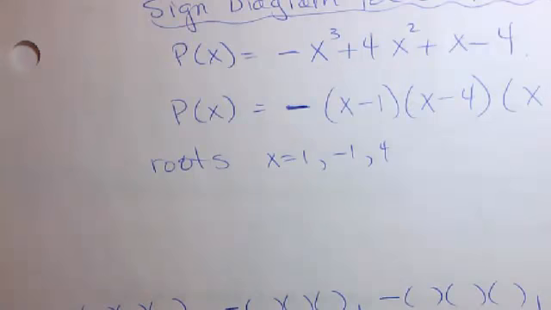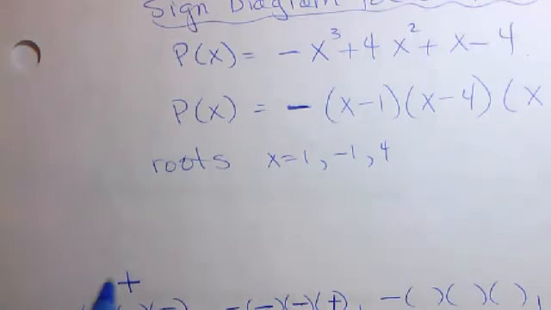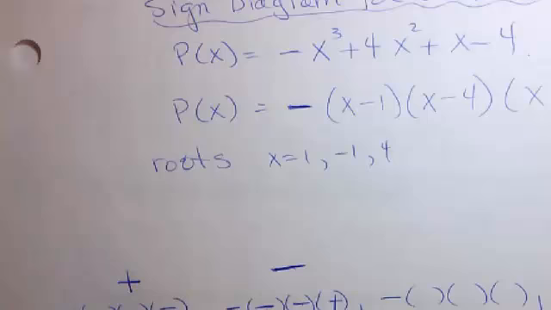Your sign diagram ends up looking like this. All right, so I've got negative, negative, negative, negative, negative, positive. So for this one, this is all 4 positives, so I get a positive as my final. I've got 3 negatives and a positive, so that gives me a negative as a final.